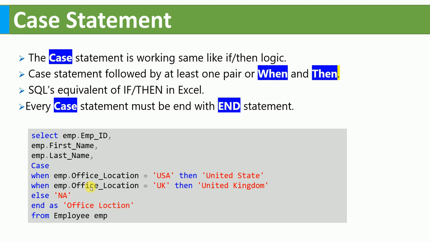If the office location value is UK, then print United Kingdom. ELSE, it is NA, unknown location. So let me move it to SQL Server, and then I can show you the practical with multiple different scenarios of how you can use the case statement.